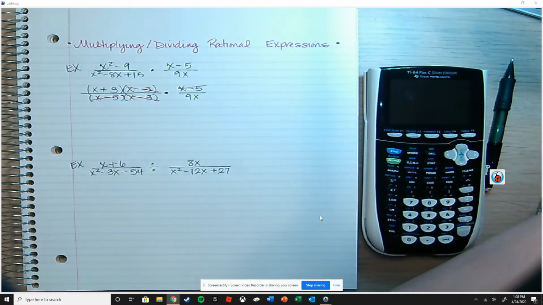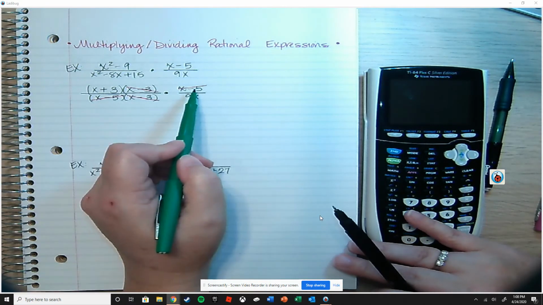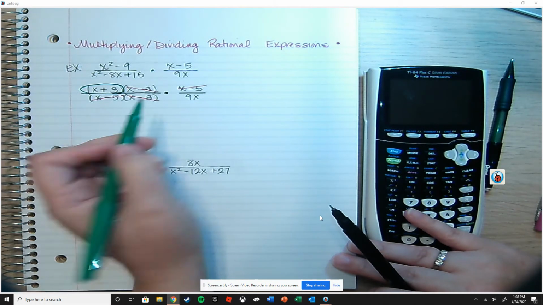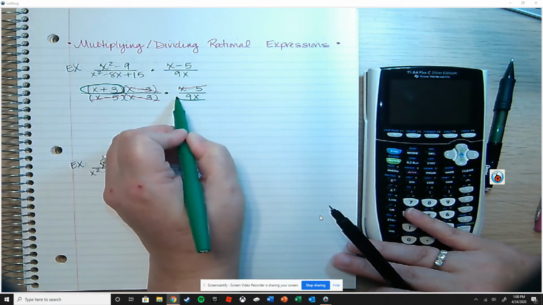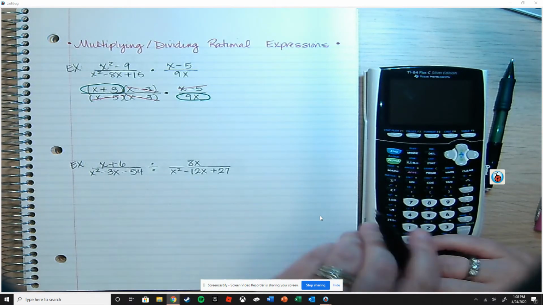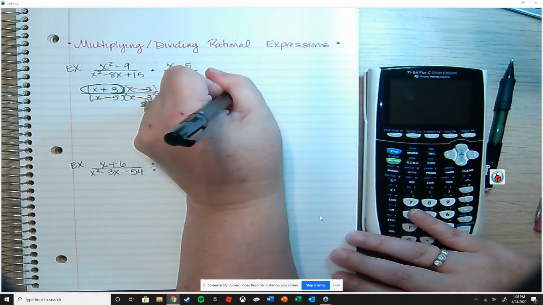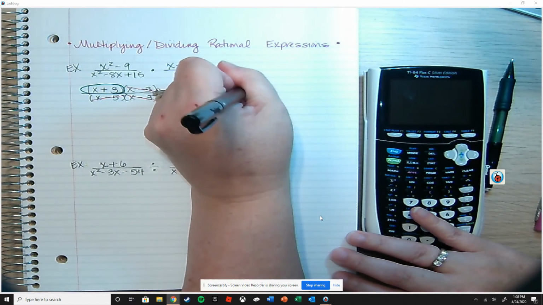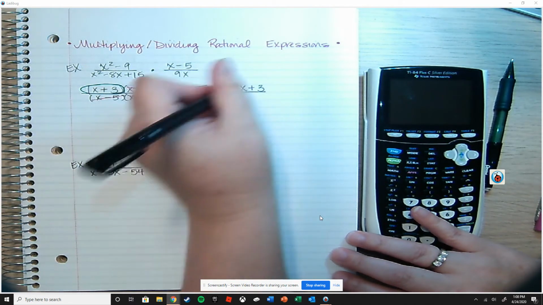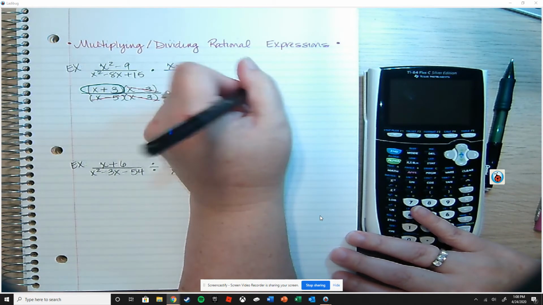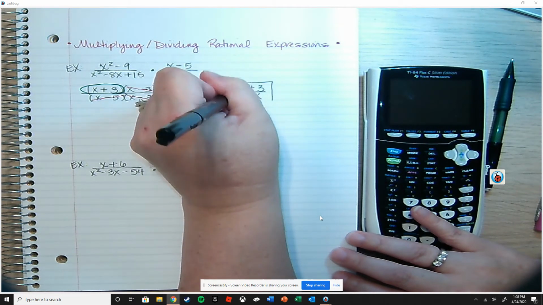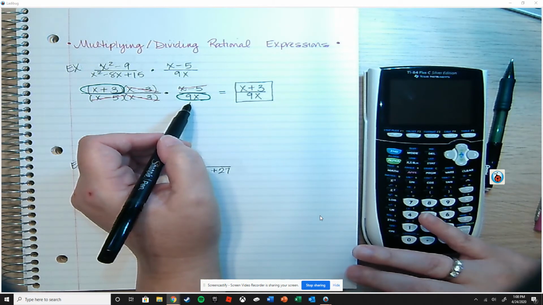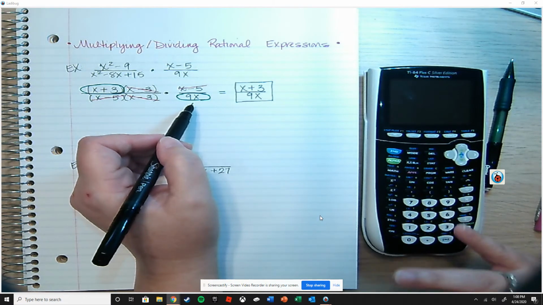So now all I am left with in the numerator is x plus 3, and in the denominator, 9x. So I'm just going to go over here, equal sign, and recopy x plus 3, and then recopy 9x, and I have multiplied these fractions, but also I have simplified at the same time.